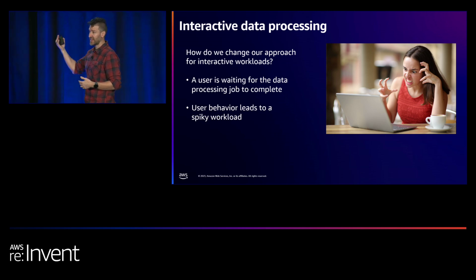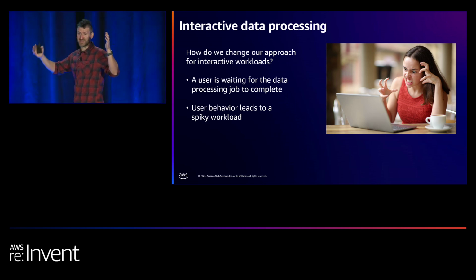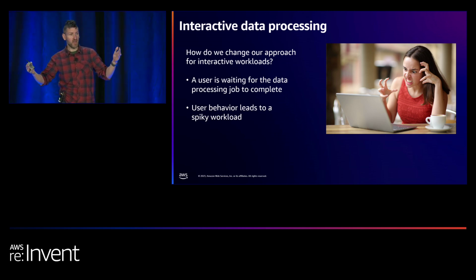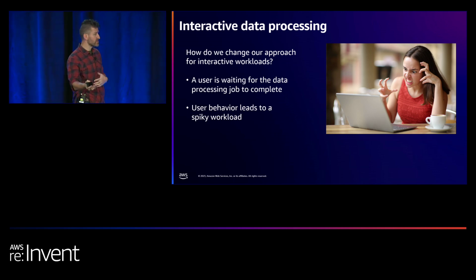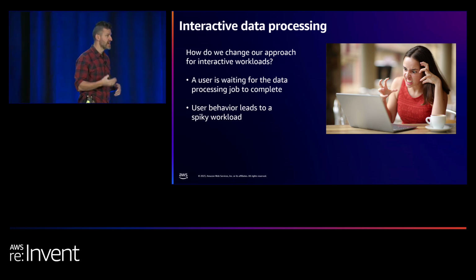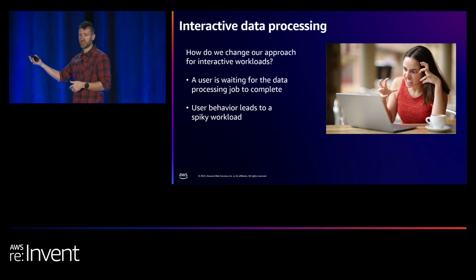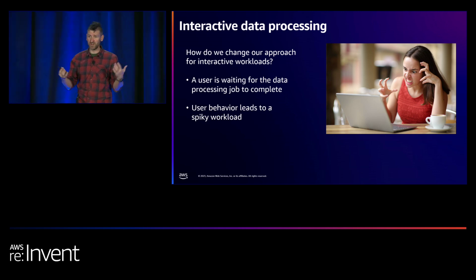So instead of just thinking about, oh, I need to be able to process 500,000 files, maybe you need to process 500,000 files every time a user clicks a button. Sometimes you might have no users. Sometimes you might have 50 users. Sometimes you might have 100 users. So how do you think about that scaling? In traditional data processing, very often you would queue up those jobs, and those end users would have to wait.